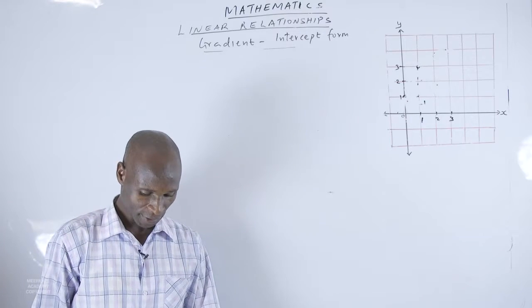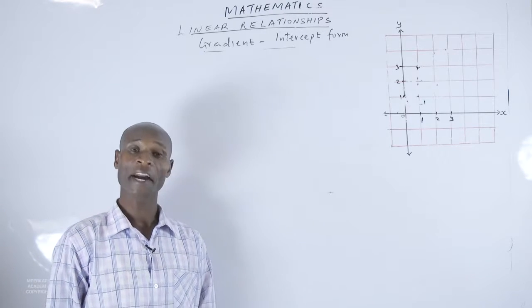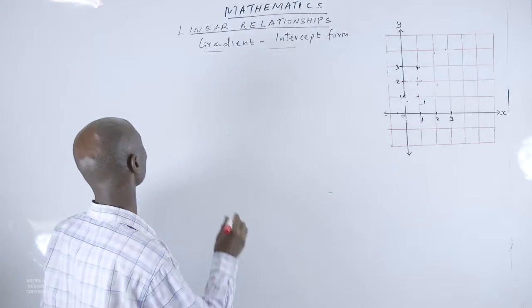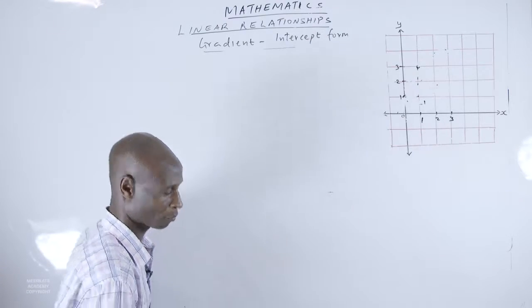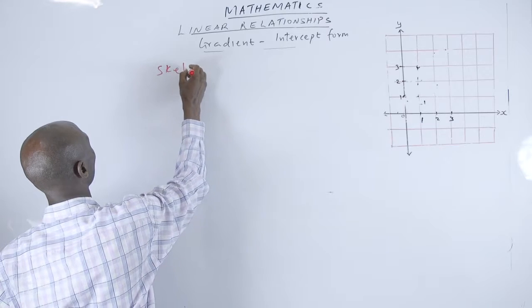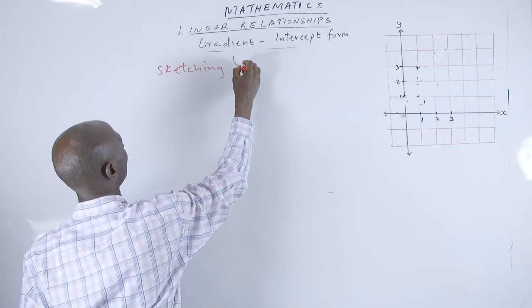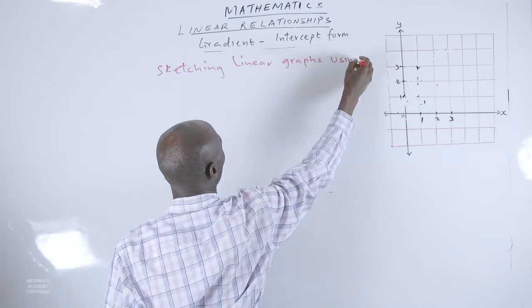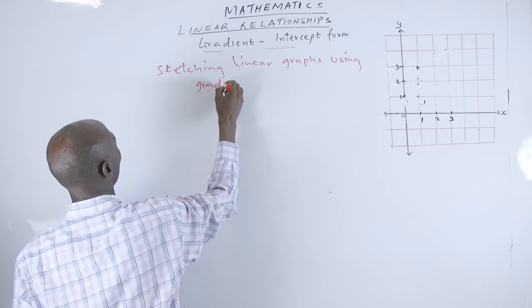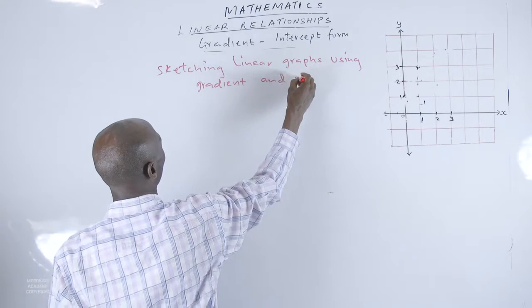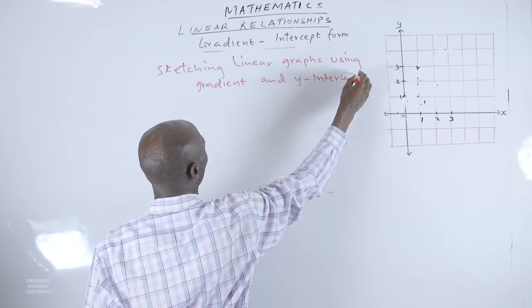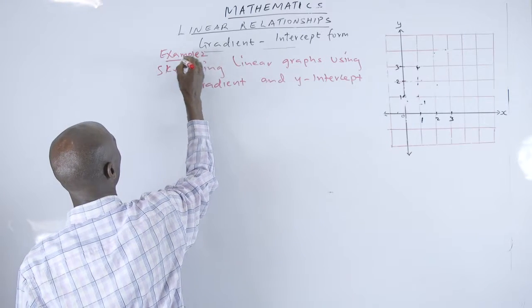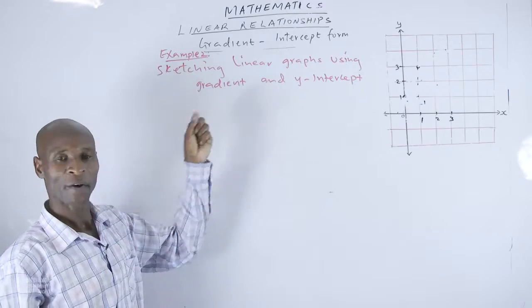Now, in our second case, we shall be sketching linear graphs using the gradient and y-intercept. So that will be our example 2.